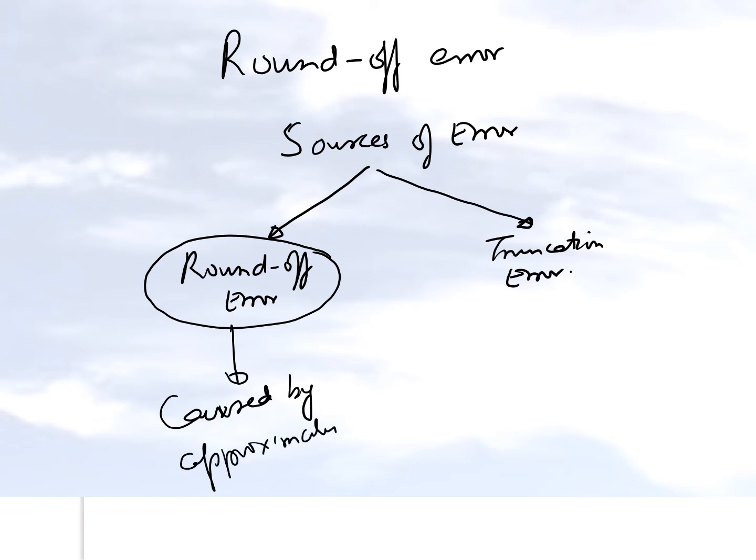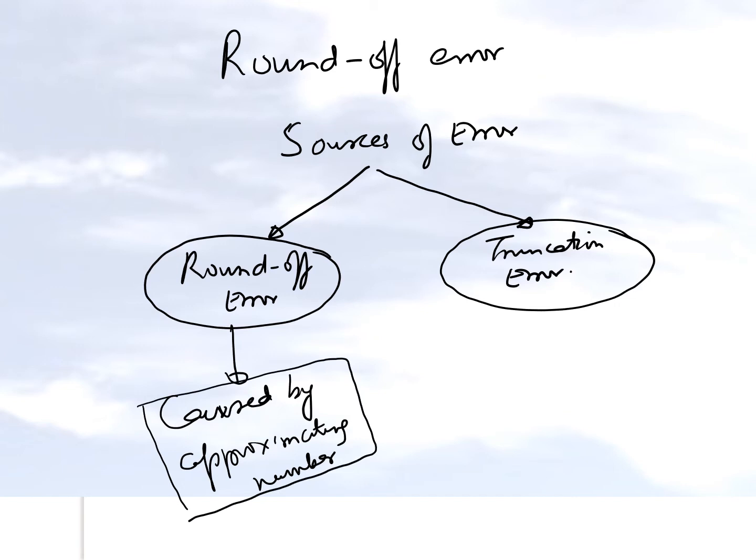If we cannot represent a number exactly, it will have to be represented by an approximate number. That's where the round-off error comes from. Truncation error, which is a separate lesson, comes from approximating mathematical processes. So it's important to understand that round-off error is caused simply by approximating numbers.